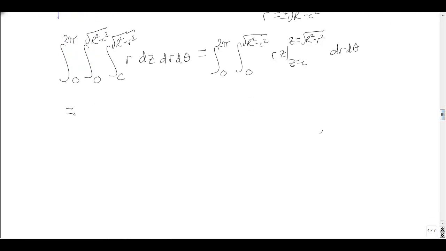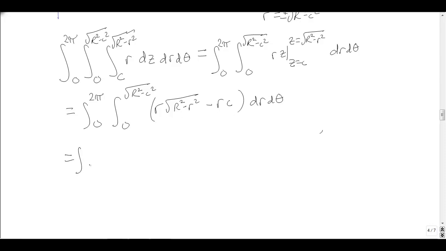So that will give me the integral from 0 to 2 pi, integral from 0 to square root of capital R squared minus c squared. Let's see, this is going to be r times the square root of capital R squared minus lowercase r squared, minus r times c, dr d theta.